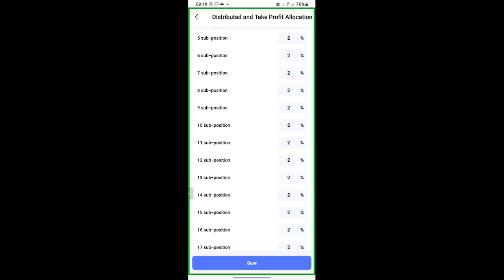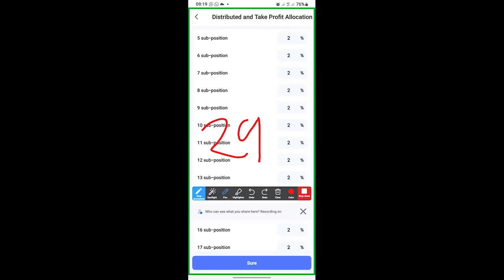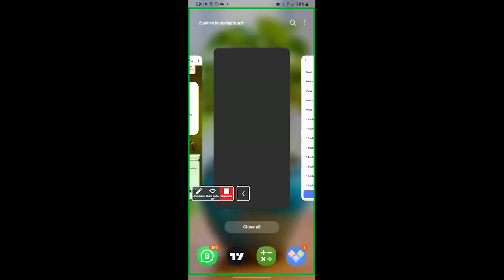But if the coin is volatile enough, just making 2% is very easy for it. You can use 2% if you're trading meme coins like Bonk, Floki, Pepe, even Cream itself. Though it's not a meme coin, it is an AI coin with good volatility. So you use 2%. 2% will be good for Cream. So this means that you've got your 29 on each call.